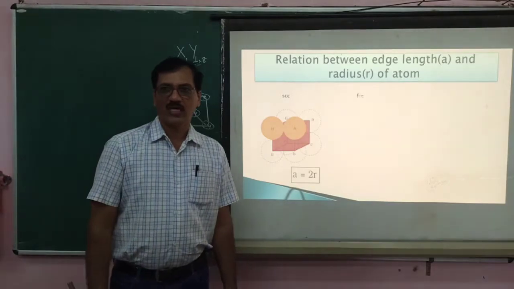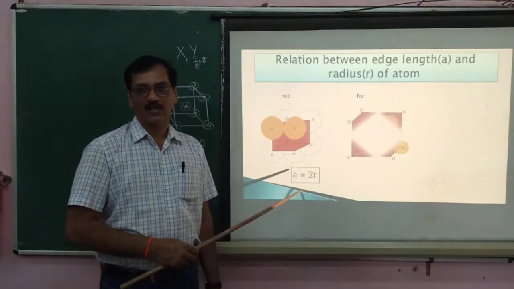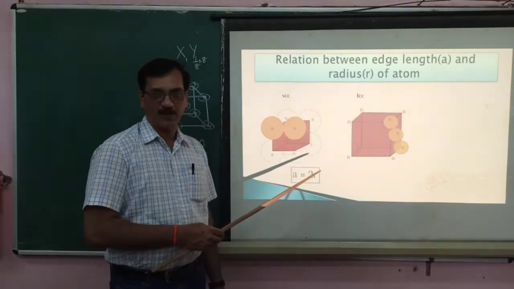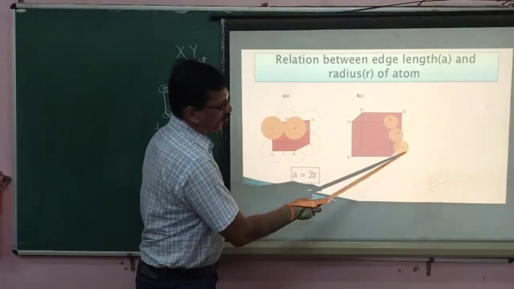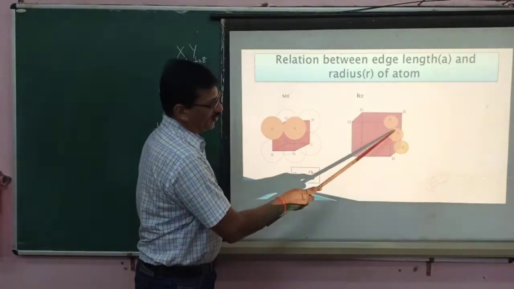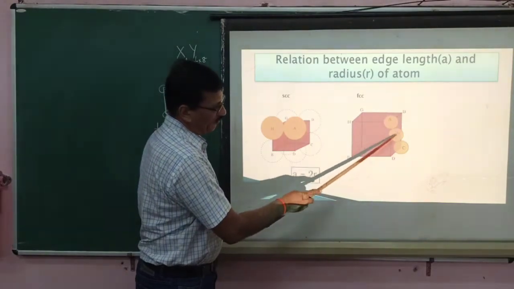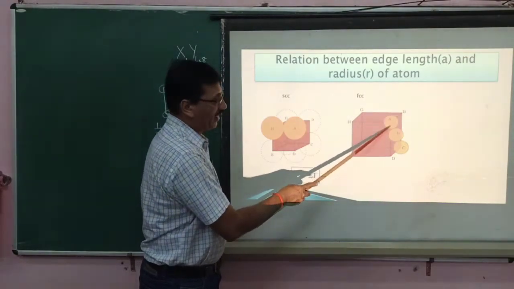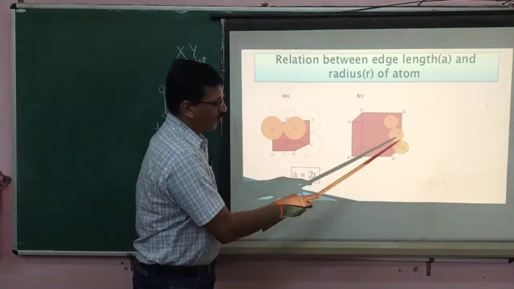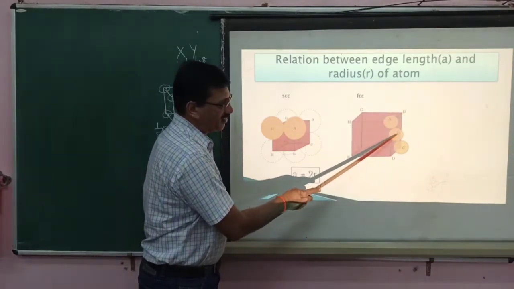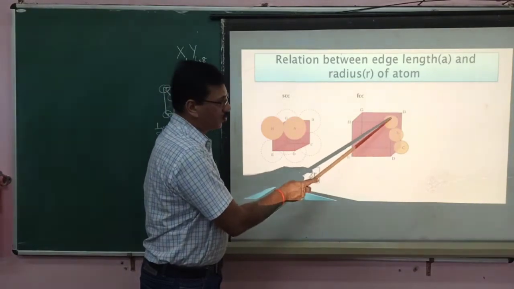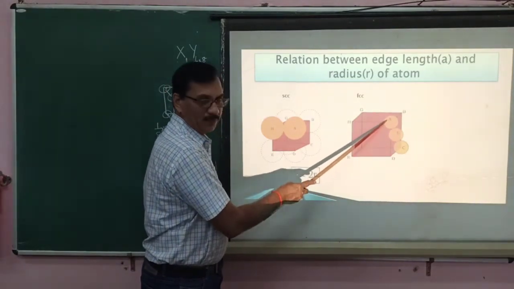Now suppose you take another arrangement, that is FCC. In FCC, the atoms along the diagonal of a face are touching. So this is at the corner, this is at the corner, and this is at the face center. So these atoms are in one line.